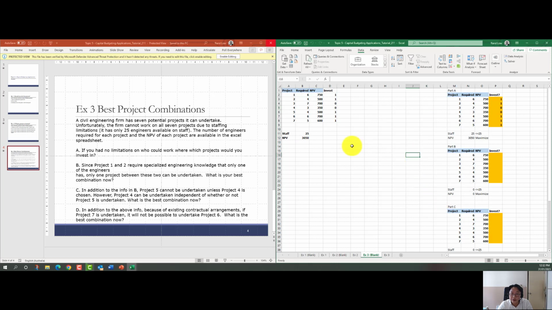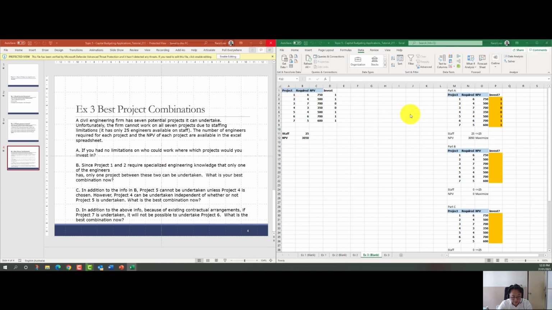Okay, so let's look at part B. Since project 1 and 2 require special engineering knowledge only one engineer has, only one project between the two can be undertaken. What is your best combination now? What this actually means is that you can only choose one or two.